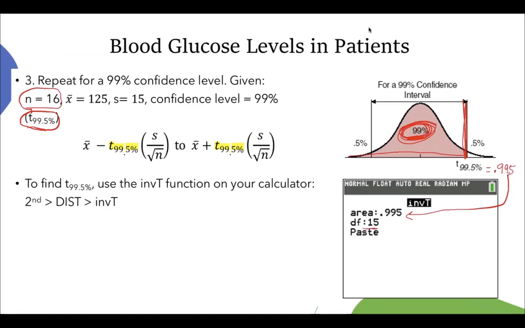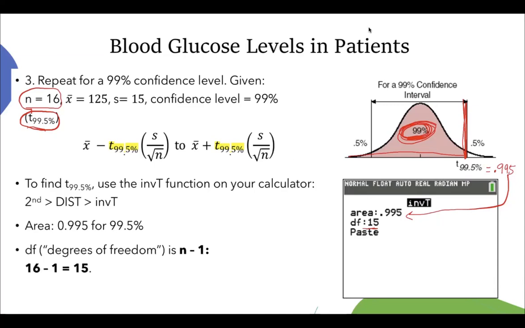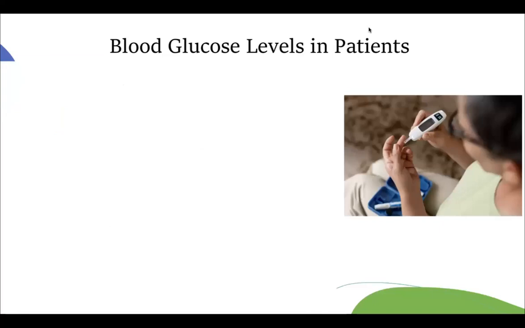Paste it, and let's see the t-score that we get this time, 2.947, which is a bigger t-score because this vertical line is further out to the right than it was when we blocked off the middle 95%. So the t-score is getting pushed further to the right. So the bigger t-score, when we plug that into the formula, is going to widen the confidence interval.